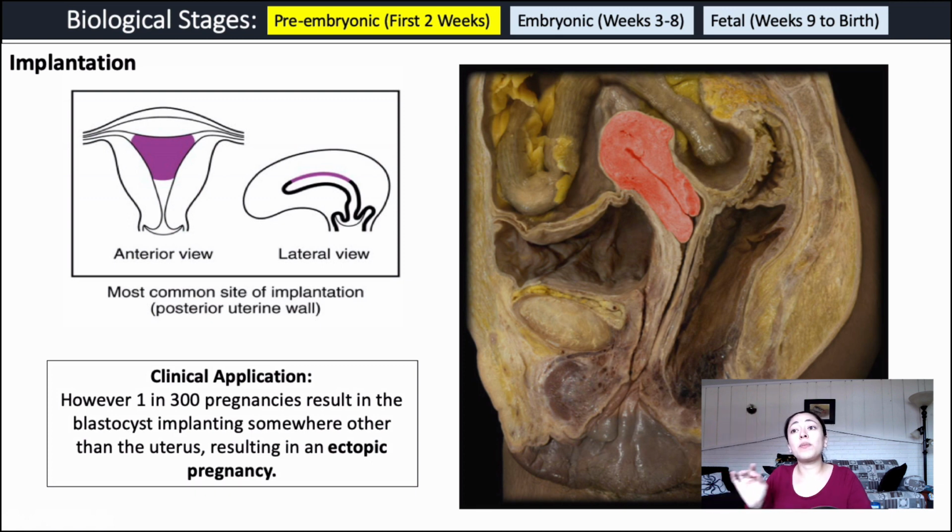Another place where an ectopic pregnancy can occur is within the abdominal cavity, so actually out here. So somehow the blastocyst completely escapes the uterus and it will implant in the abdominal wall or on the surface of the intestines or something like that. Pretty much the blastocyst can start to develop anywhere where there's a lot of blood supply.